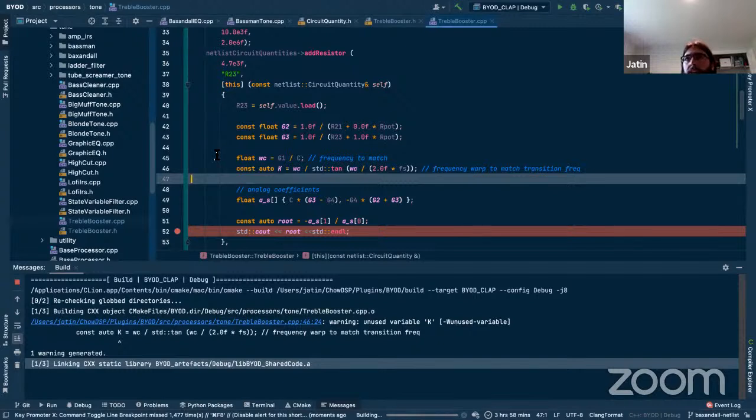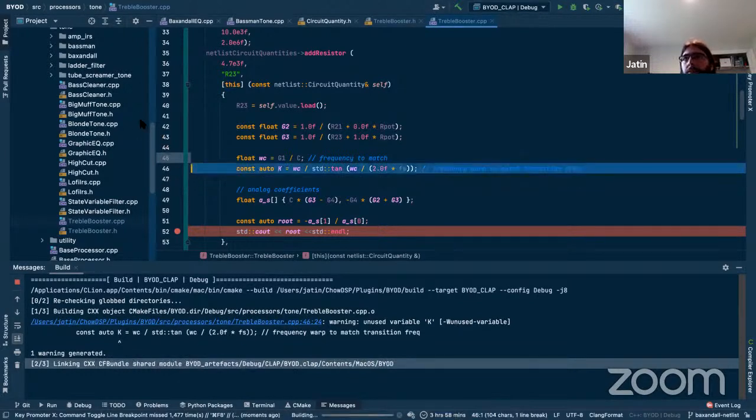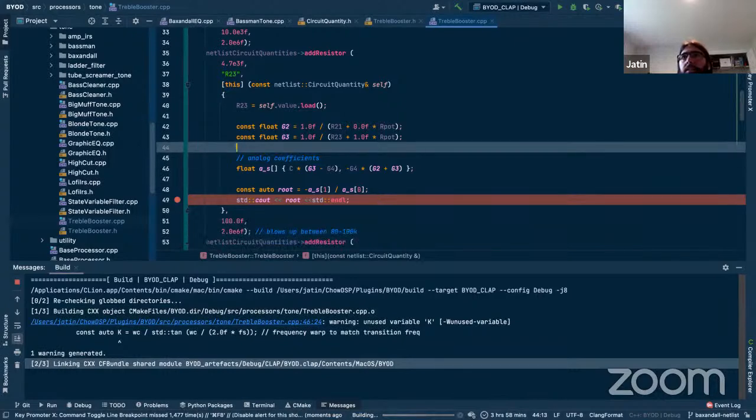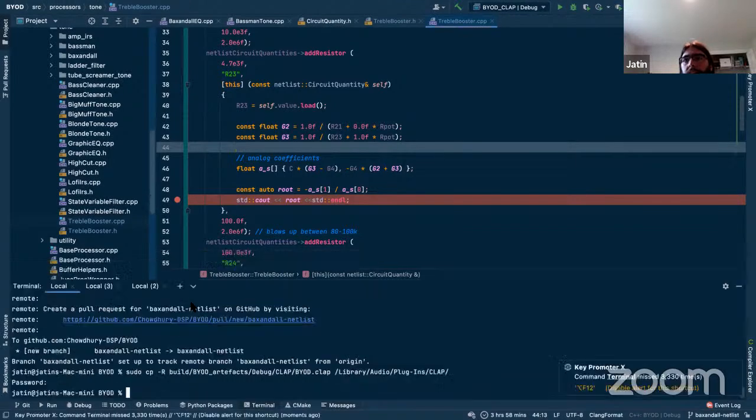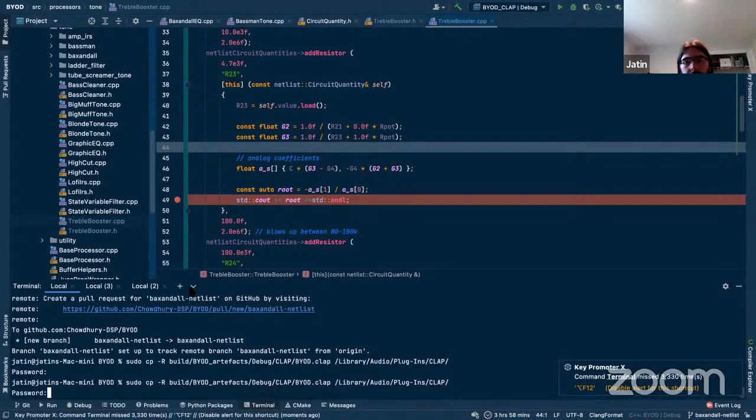Unused variable K. Yeah, that's fine. I guess we don't actually need this stuff in here. Fine by me. So yeah, let's see. Let's do this.